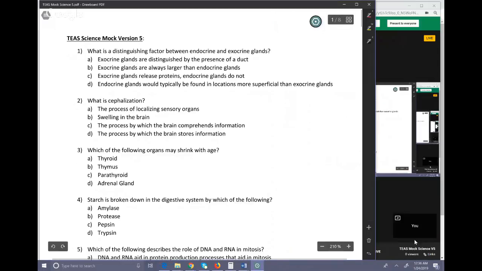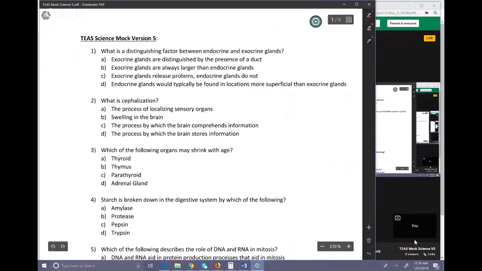But there are definitely a lot more scenarios in my mock, especially this one and mock 6, that are causing you to use a little bit more of your thought process from your class than maybe what you would have to use on the real test. So there's a tiny bit of leeway between what you score on this and what you would score on the real science test.